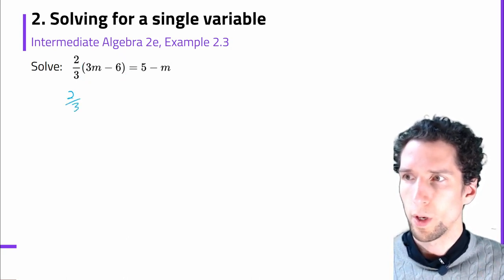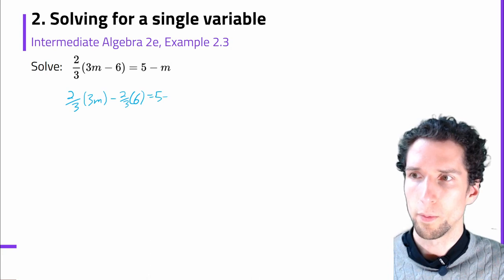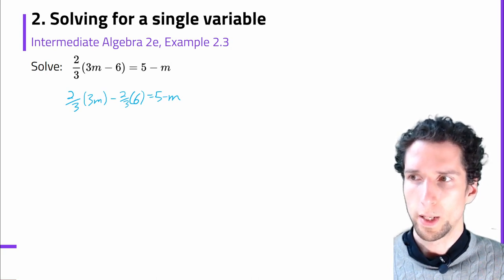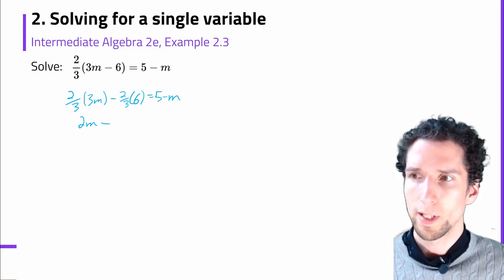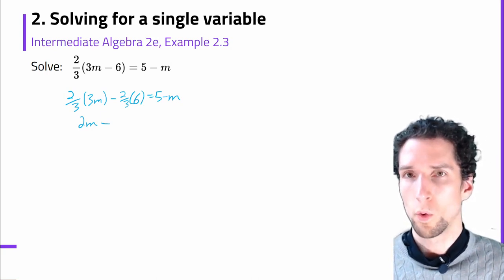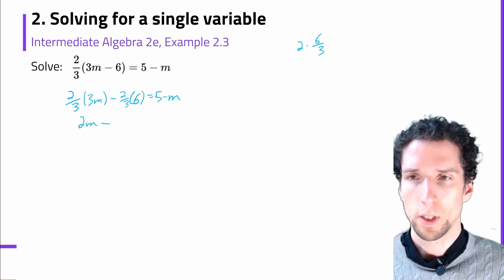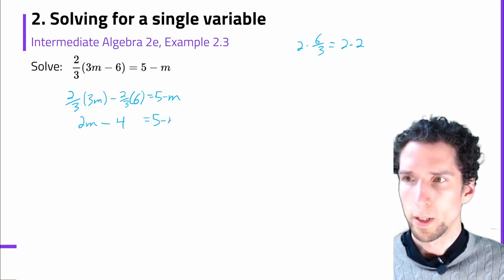So we have 2 over 3 times 3m minus 2 over 3 times 6 equals 5 minus m. 2 over 3 times 3 is just 2, so we are left with 2m there, and 2 over 3 times 6, that's 2 times 6 over 3, which reduces to 2 times 2, so 4. And 5 minus m.